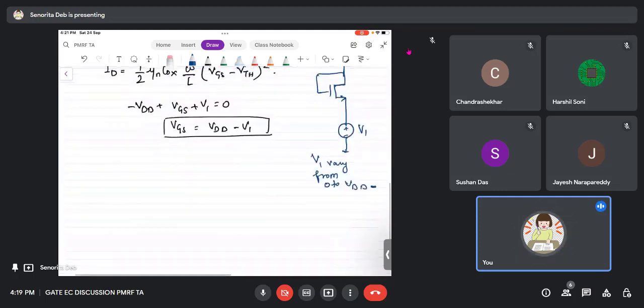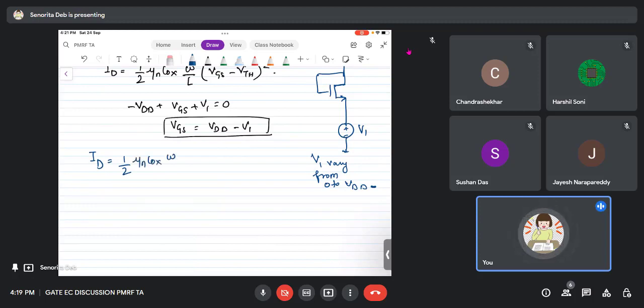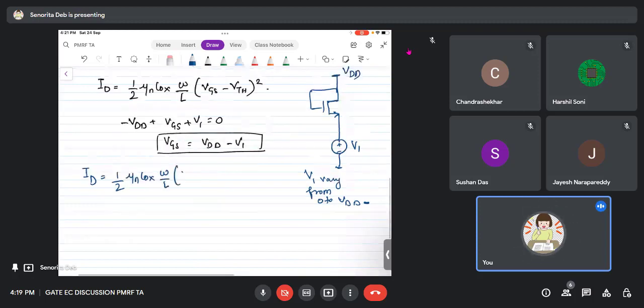Okay. Now, what will happen? VGS we have found out. We know ID's equation. So ID is half mu n COX W by L times (VDD minus V1 minus VTH) whole square. Right? That is what is going to happen.